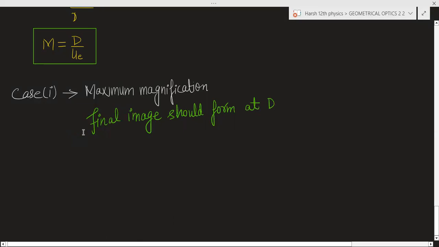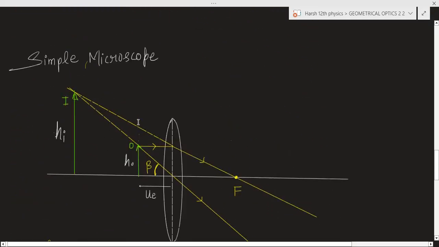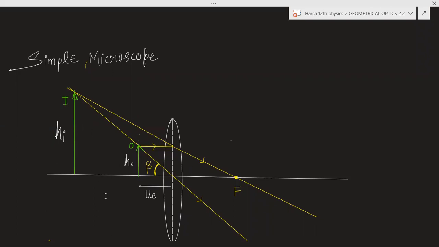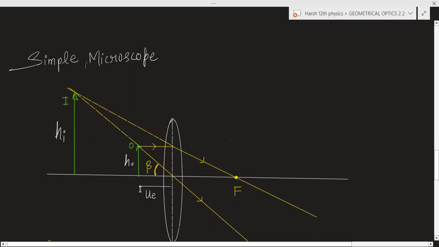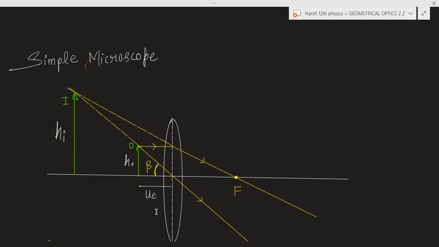Now here, sign convention will play a very important role. Now see again in the figure. Final image in case of the maximum magnification is forming at D distance. Suppose this is the distance D and the image is forming here. Will you take this distance positive or negative? If I'm asking what will be the sign of UE, negative.